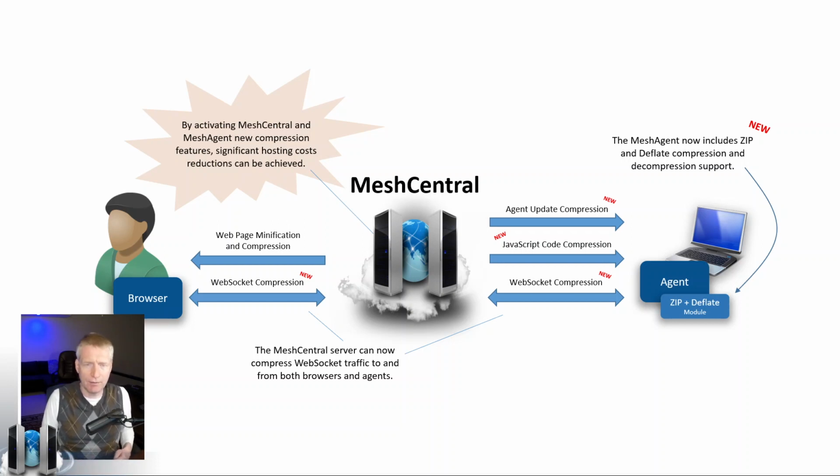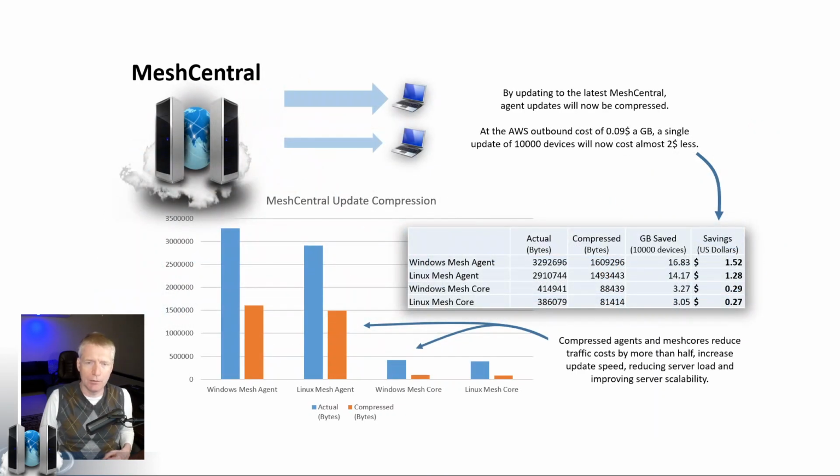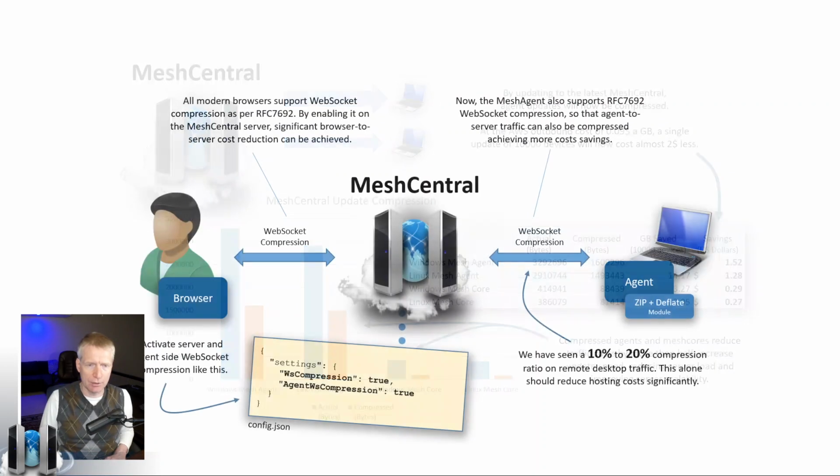So it's quite a significant cost saving. Some of these options are turned on. For example, updates and JavaScript being sent to the agent are automatically compressed. But WebSocket compression, you have to turn on if you want it. I won't go into the figures, but there are quite substantial savings in turning on compression.